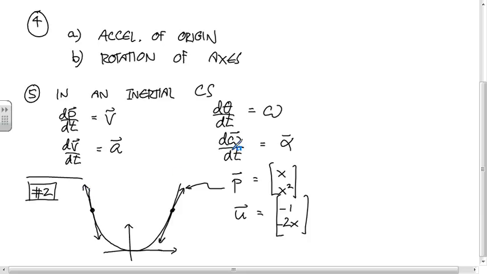So let's evaluate u at x equals -1, okay? If we don't have these negatives on here, we get 1, -2, right? The vector 1, -2 is pointing this way in the direction of increasing x, right?